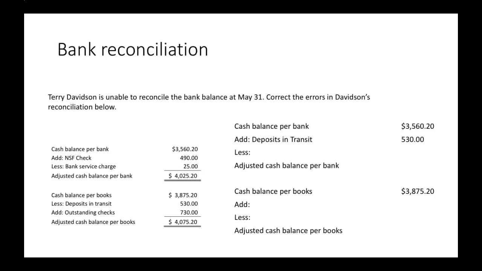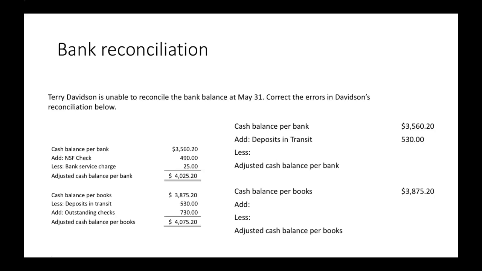So the books side already knows about it. The bank, on the other hand, has no idea that someone is on their way to the bank to make this deposit. It's currently a deposit in transit, right? So that's maybe the easiest way to imagine what a deposit in transit is.